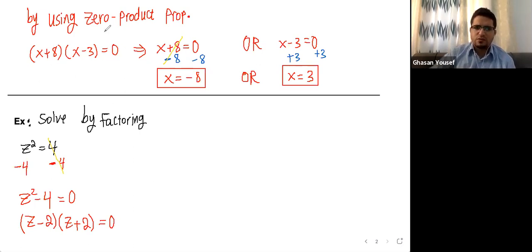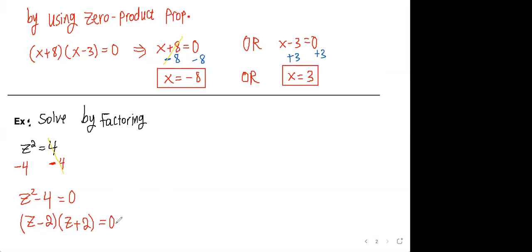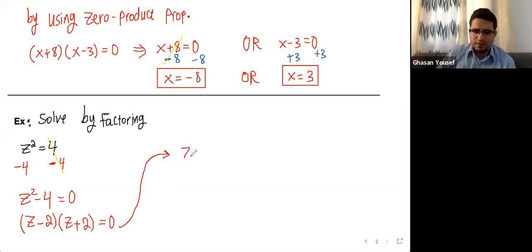Now I have to use the zero product property. What can I get here? Plus 2 and minus 2. Yes. So here I can set z minus 2 equals 0, or z plus 2 equals 0.